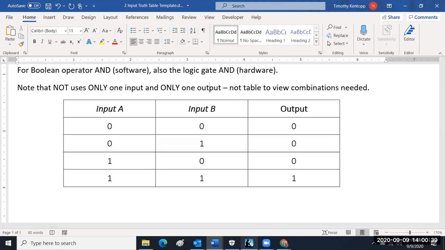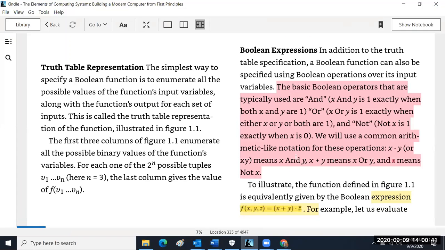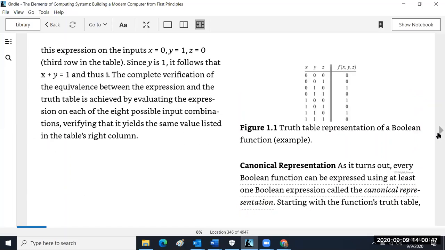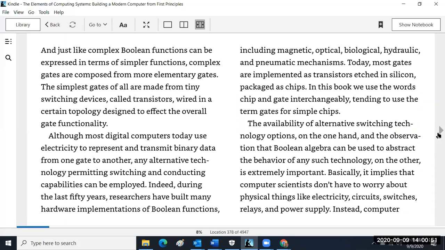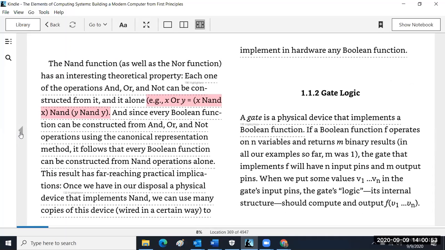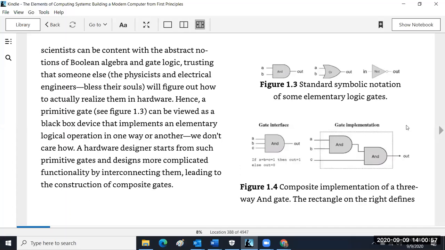And in terms of logic gates, here we go. What does it look like as a physical device in the real world? We're going to fast forward. So it talks about logic gates now, right? Gate logic, that's the physical device. This is the symbol for and, right here.